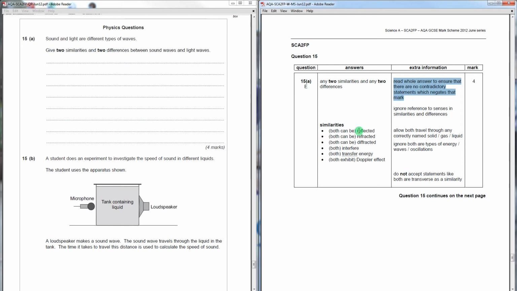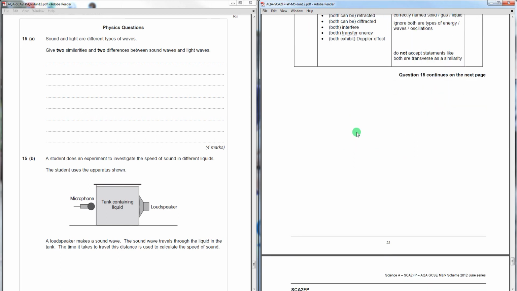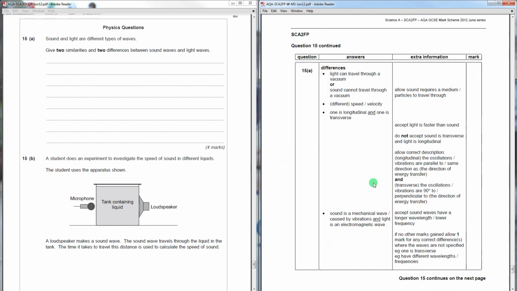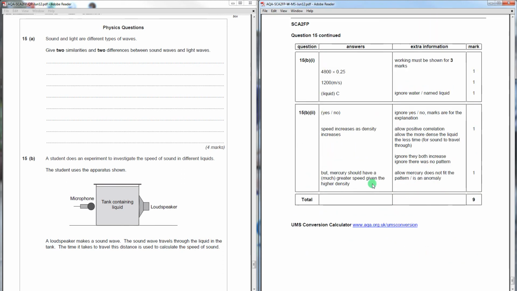So if you said something like sound waves are longitudinal and light waves are transverse, and that's a difference between the two, and then you said further down something like light waves are longitudinal, then that cancels out that correct statement made before. So be careful that you're not losing marks by trying to say too many things and getting mixed up. Try and keep it clear. Four bullet points for 4 marks is all you need to do to answer that question.